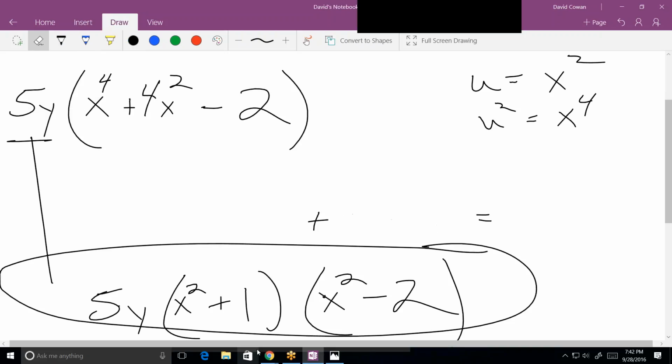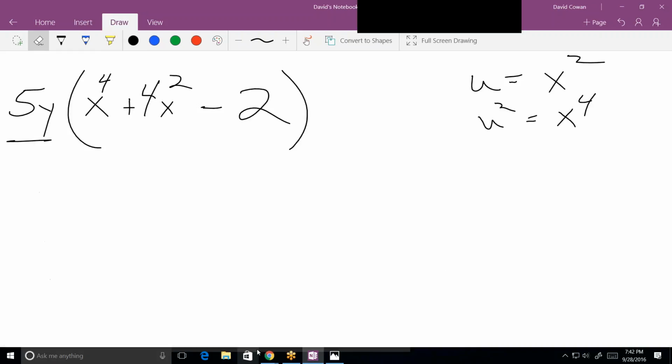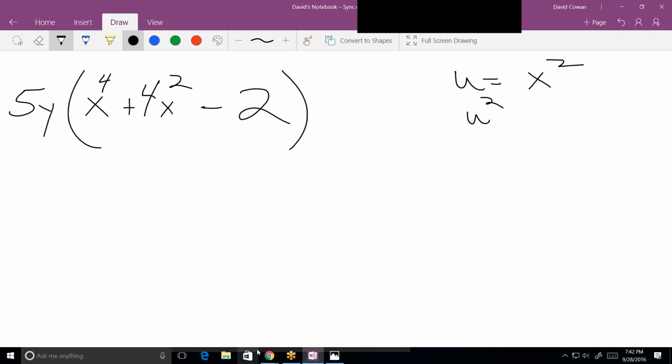The reason I did is because if we look at the quadratic that you're looking at, it's a lot harder. It doesn't factor. Uh-oh, I got to use the quadratic equation on this. Well, I'm still going to use U substitution. So I'm still going to let U equal x squared, and I'm going to make U squared equal x to the fourth.